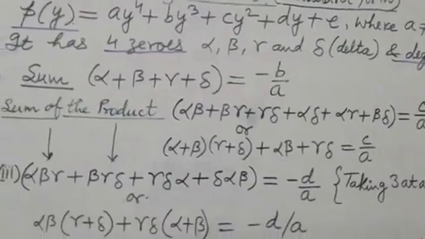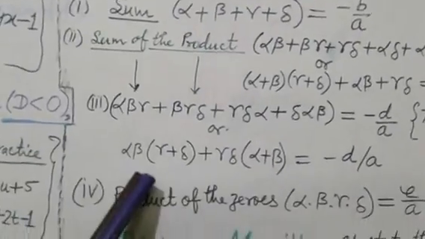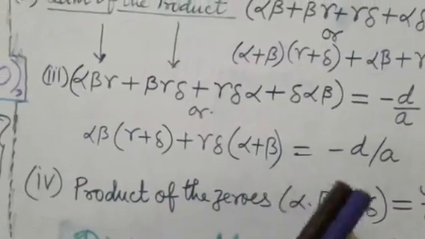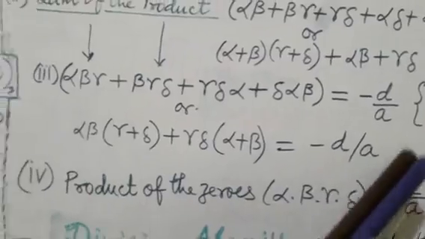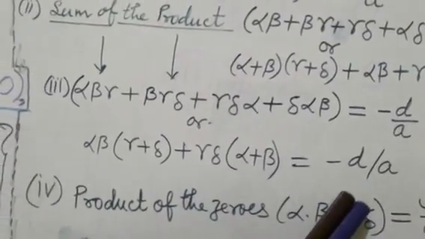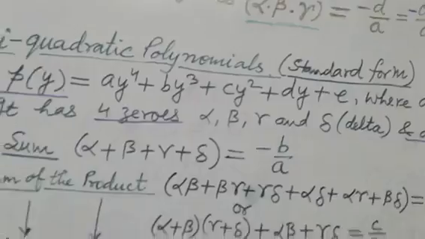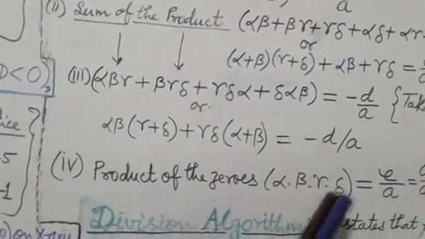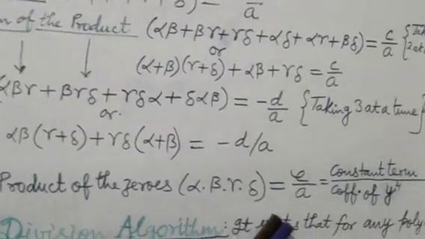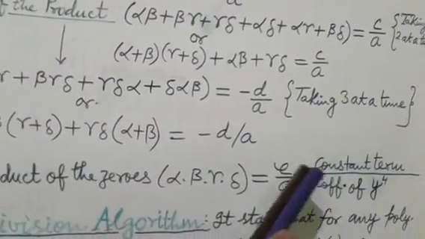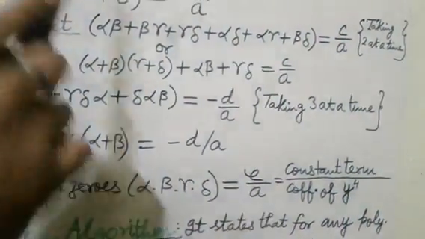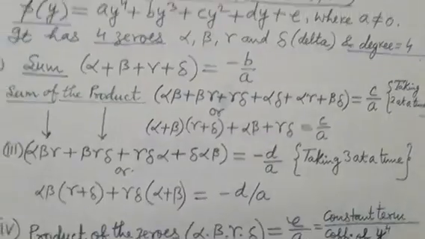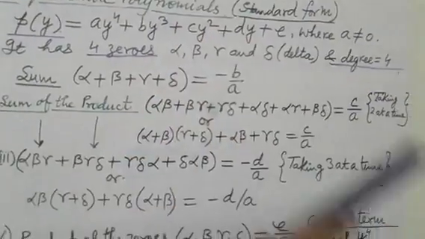We can write this formula like this also: alpha beta is common here, so alpha beta (gamma plus delta) plus gamma delta (alpha plus beta) is equal to minus d upon a. Now, the product of all four zeros, alpha into beta into gamma into delta, is equal to e upon a, where e is the constant term and a is the coefficient of y to the power 4. Got it? So in words, we can write these formulas like this also.